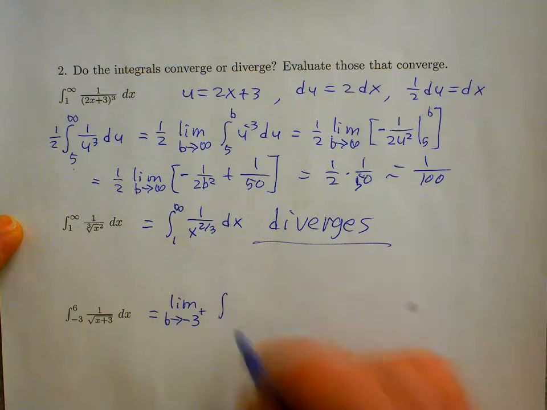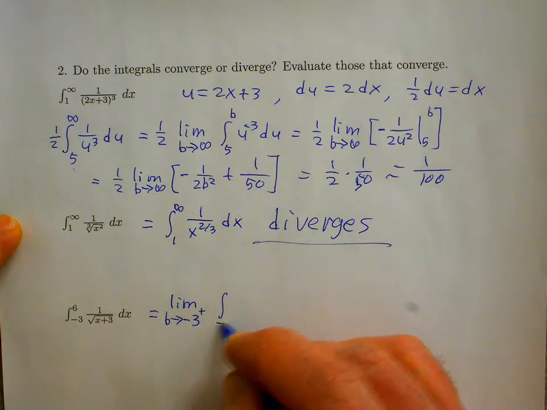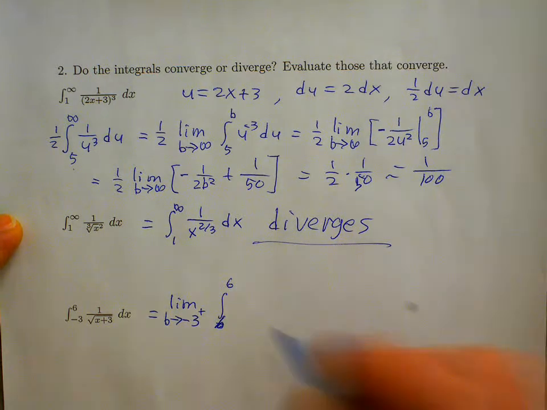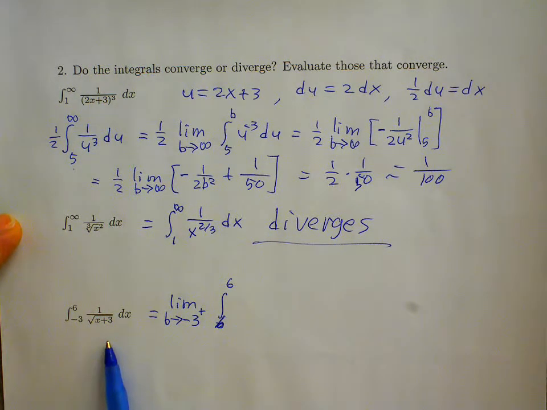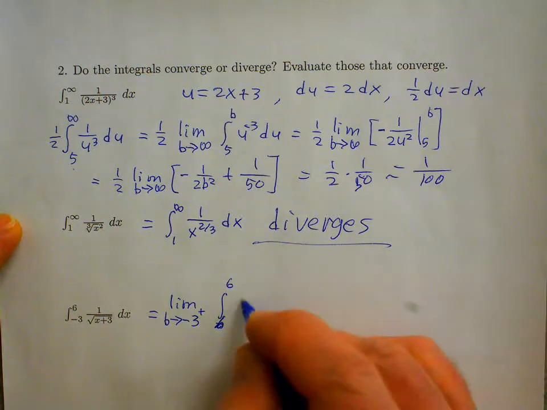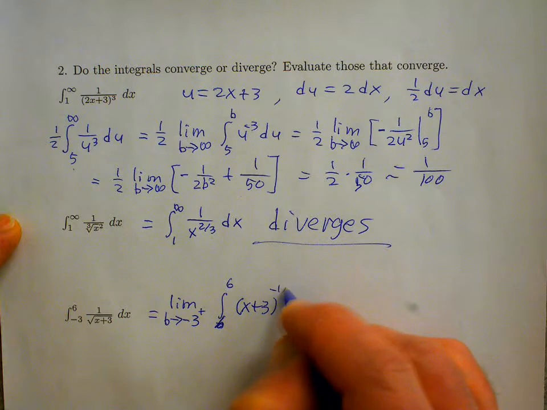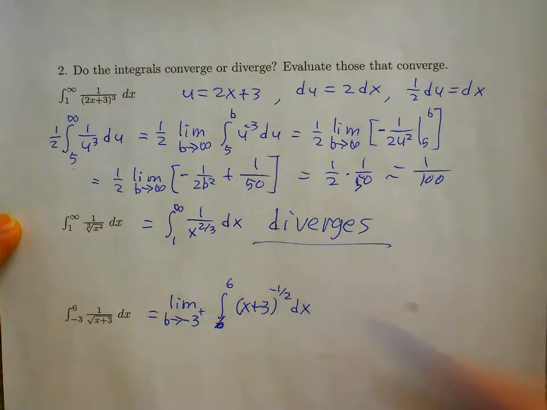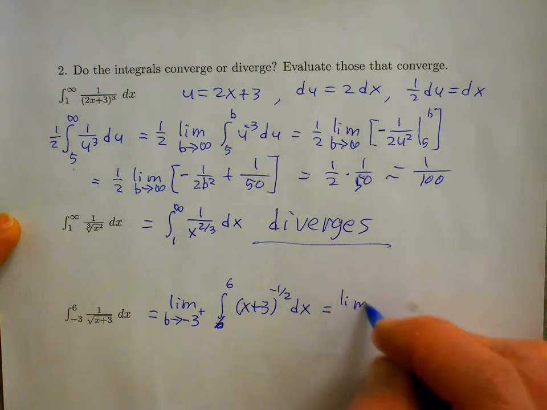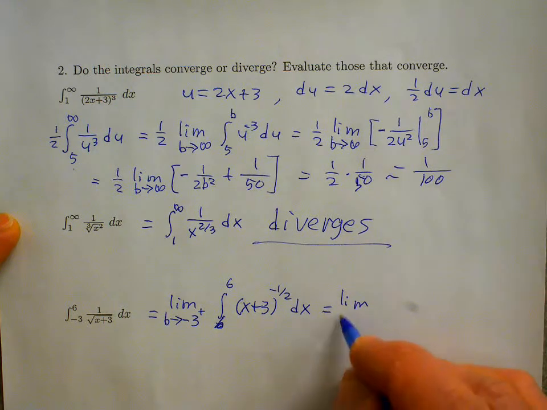And then we have this, from b to 6. And then I'll rewrite 1 over the square root of x plus 3 as x plus 3 to the negative 1/2. And then compute the integral.